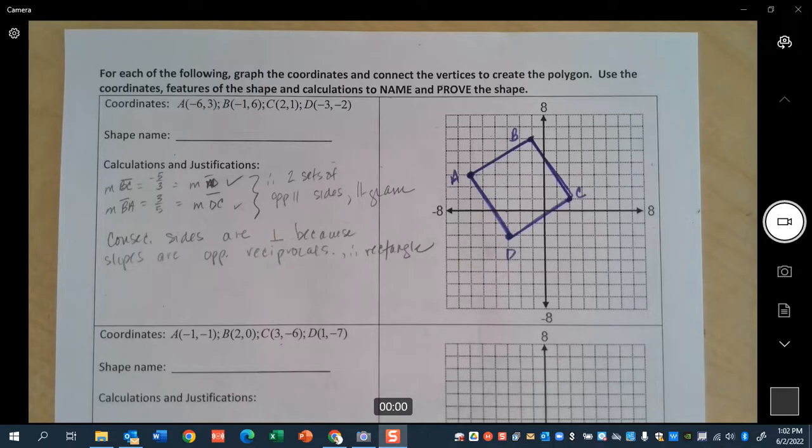You're right. It's going to prove it's a what? What else has perpendicular diagonals? Yeah. If I can prove it's a rectangle and a rhombus, isn't it a square? Right? You with me there?